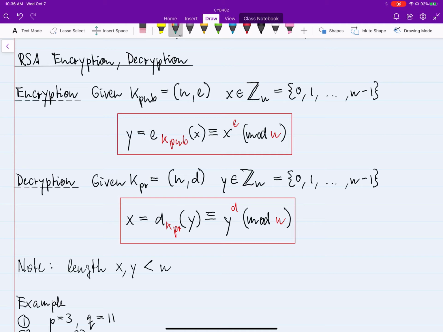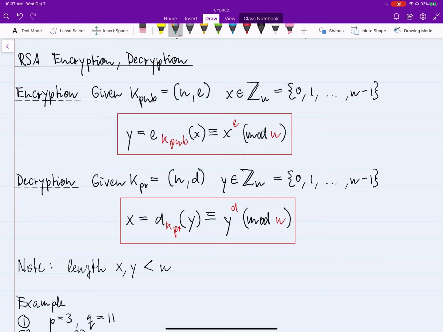But on the decryption side, we compute y to the power of d, which is a large number. So this cost makes RSA a bad candidate for encryption and decryption of messages on a regular basis.